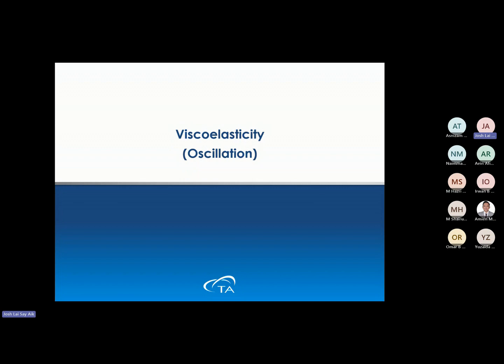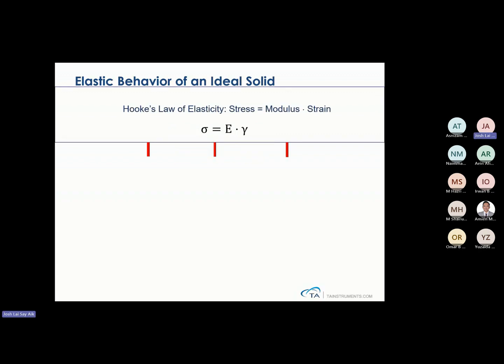So you're back. We'll continue with the oscillation test, which is for viscoelasticity. A rheometer, besides doing flow tests, can also do oscillation tests. So what is viscoelasticity? First of all, you need to understand elastic behavior, which is Hooke's law. Here we have three ideal solids, three pieces of red solid with three loads.